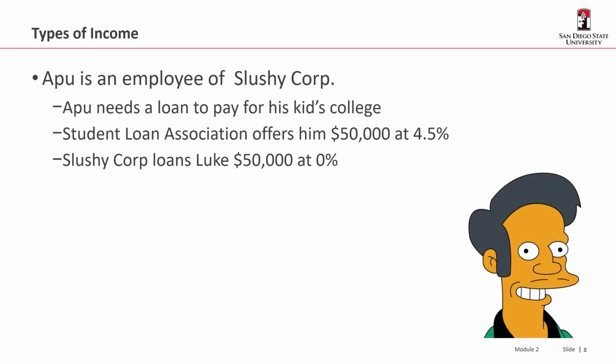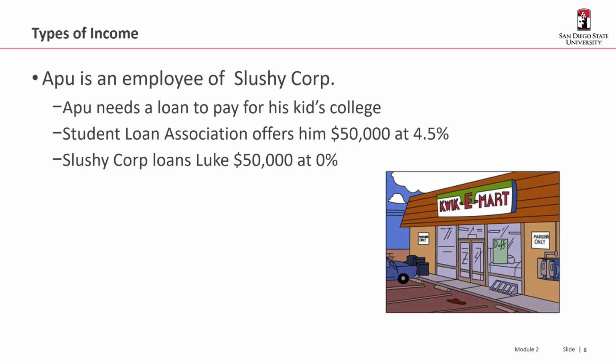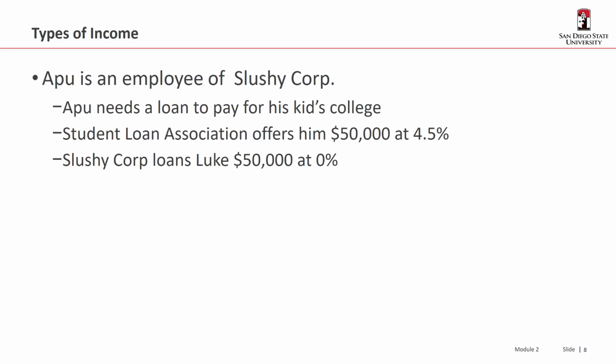Okay. So Apu is an employee of Slushy Corp. And Apu needs a loan to help pay for his kids' college. And so the Student Loan Association offers him $50,000 at 4.5%. But because Apu is such a great employee of the Slushy Corp, the Slushy Corp loans him $50,000 at 0%.